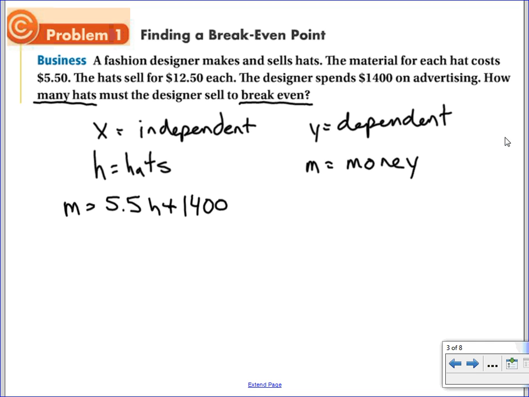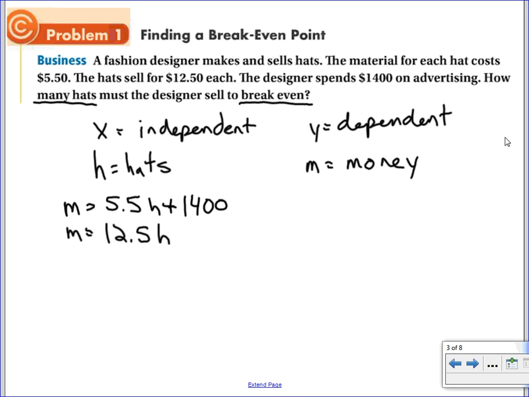The other equation is the money that you'll make, which is $12.50 per hat you sell. So right now we have 2 equations, both of them already solved for M, so it's really easy. We're going to use substitution for this.